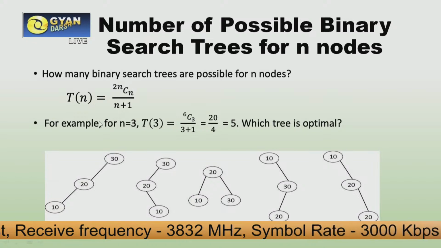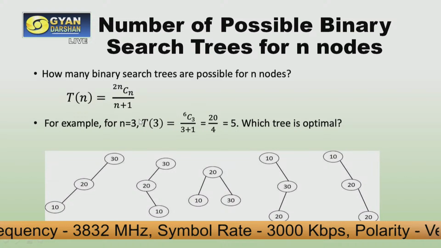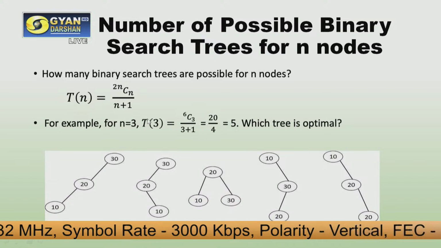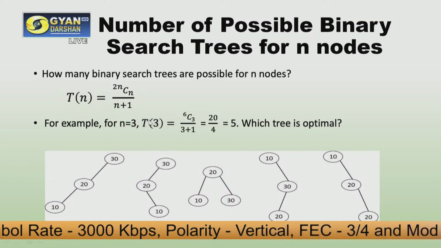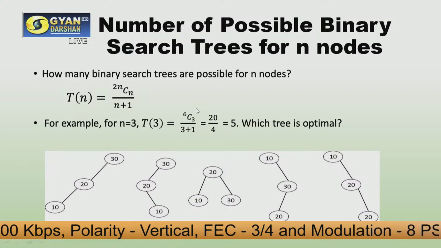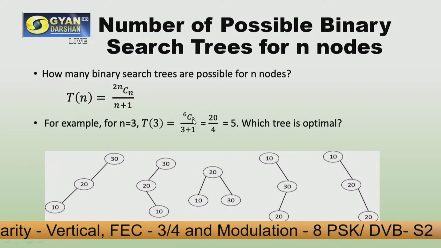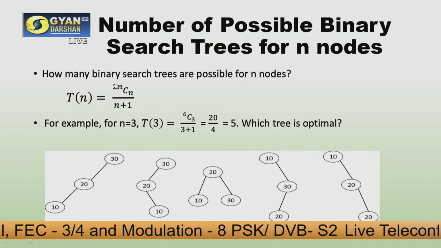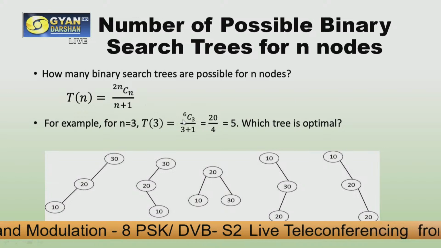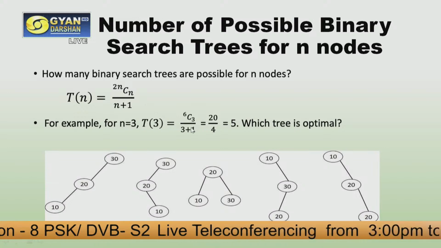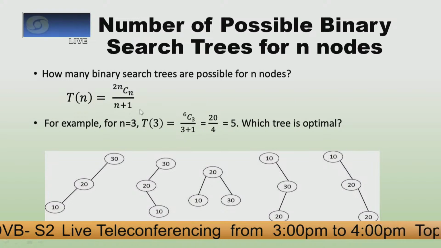Let's take an example for understanding this. Suppose the number of nodes is 3. Then the possible number of trees is 6C3, because over here we are referring to 2n. So this becomes 6C3 divided by 3 plus 1, and n is 3.